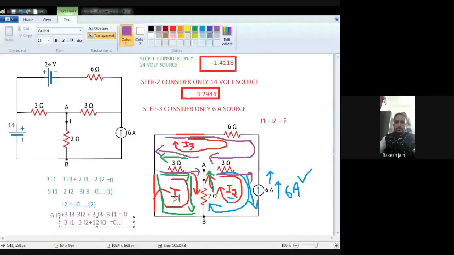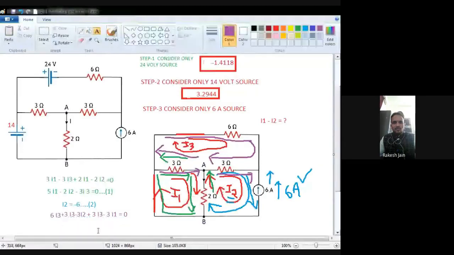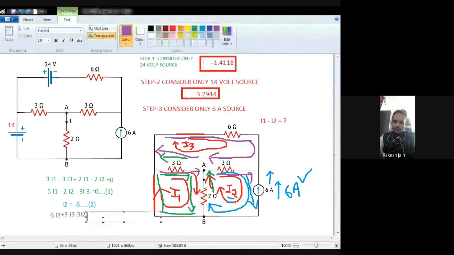Now see the second equation very carefully. What is the second mesh? The second mesh current is the current in this mesh, which I just showed you with blue color.